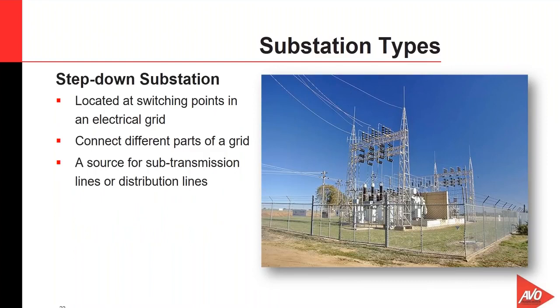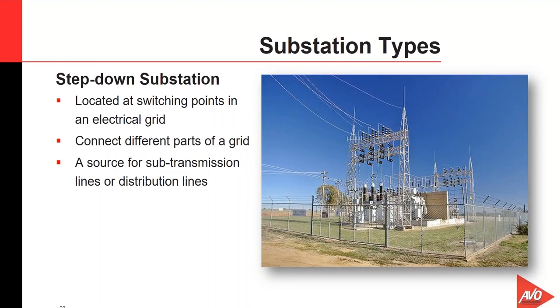And we'll get into distribution substations here in just a second. Sometimes you may see out there in the field that a sub-transmission line can be tapped off into an industrial facility to provide power to that industrial facility. Otherwise, the power goes straight to a distribution type substation.